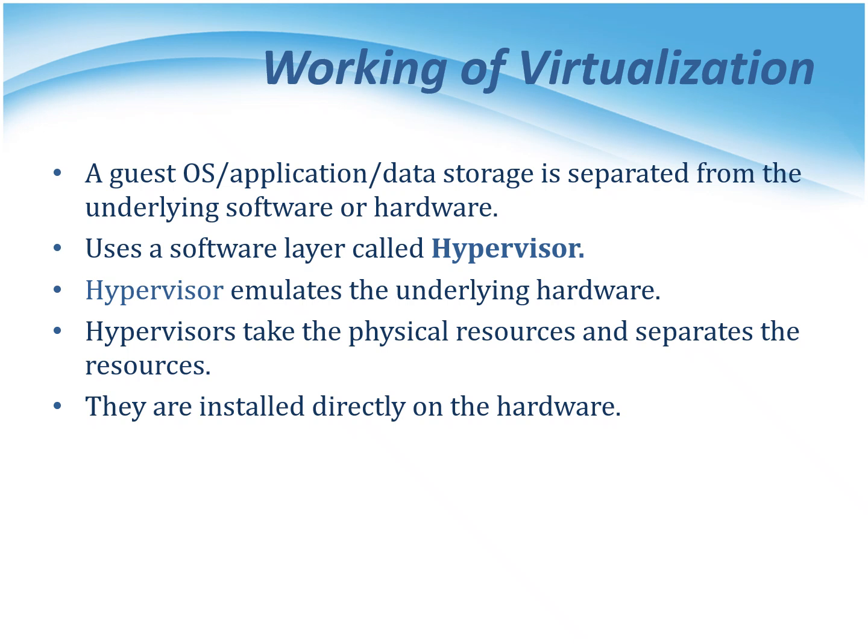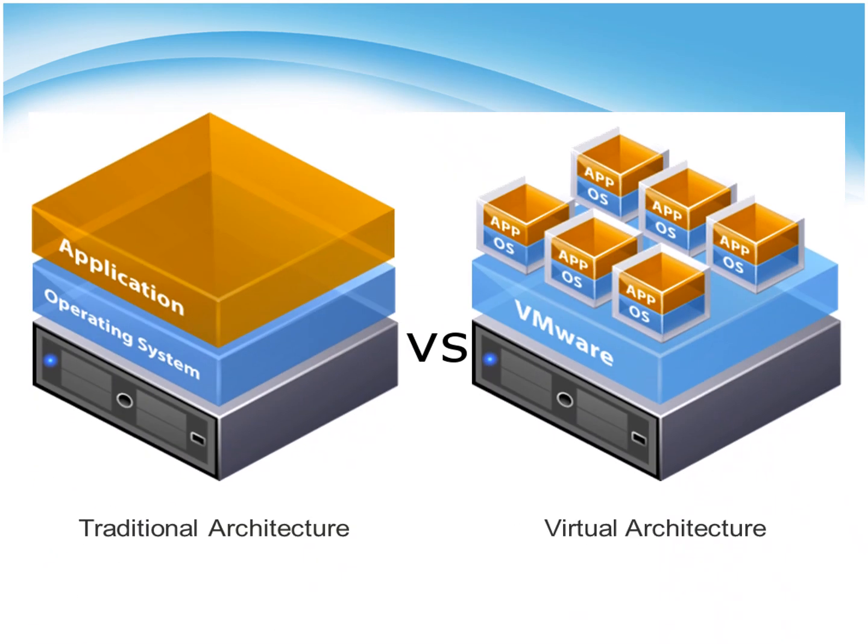They are installed directly on the hardware. Examples of hypervisors are VMware and Xen. These are hypervisor techniques. This is the traditional architecture: you have an application, an operating system, and then the hardware, with only one operating system and one application.